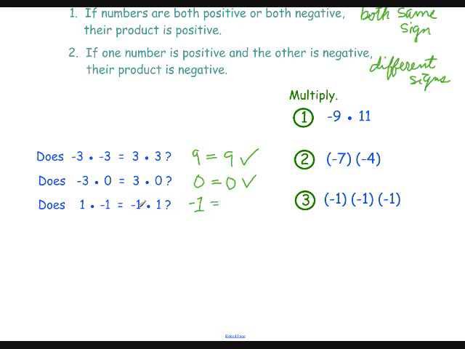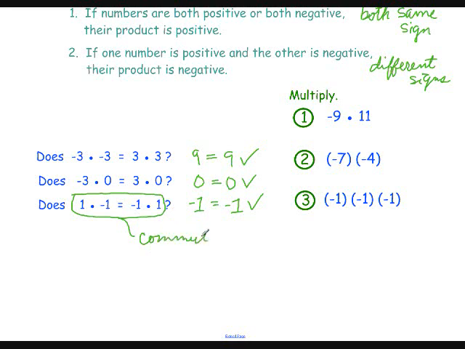Two factors with different signs, negative 1. So in all of these cases, these are equal to one another. The reason why this is true, all we've done here is we've swapped positions. Do you remember what that property is called?